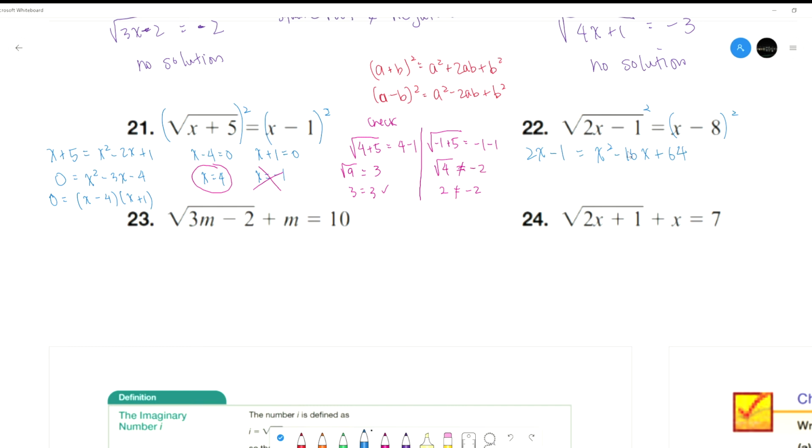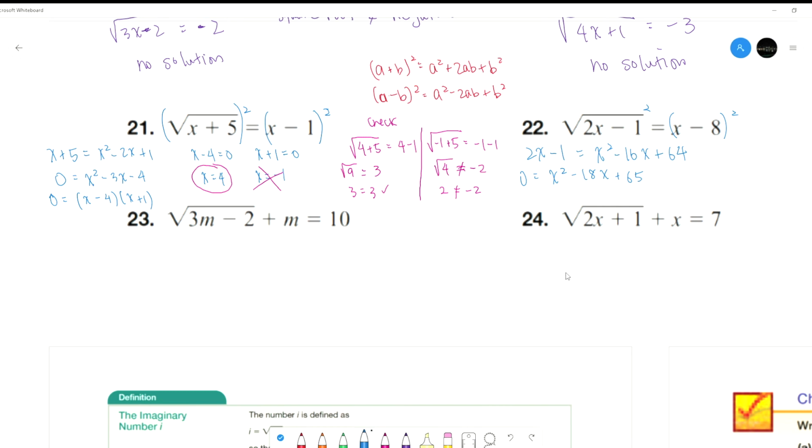And on the right-hand side, the x squared is positive, so I'm going to bring these terms to the right. I have 0 is equal to x squared, and then subtract 2x, so that's minus 18x. And then we're going to add 1, so that's plus 65.